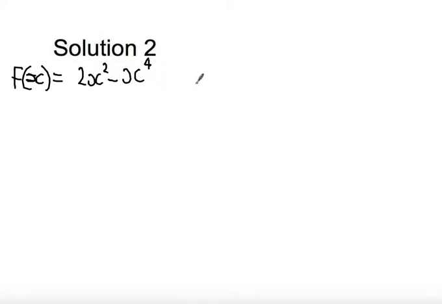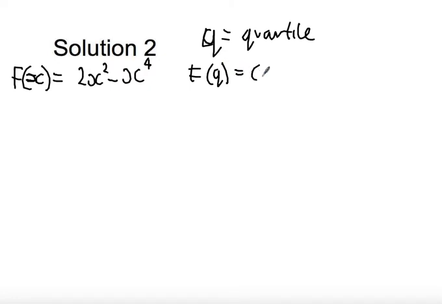So what we're trying to find here, let's say L is for lower quartile. Well, let's just use Q, Q equals quartile. So what we're saying is f of Q is going to be equal to 0.25. In other words, substituting Q in, we have 2Q squared minus Q to the power of 4 is equal to 0.25.